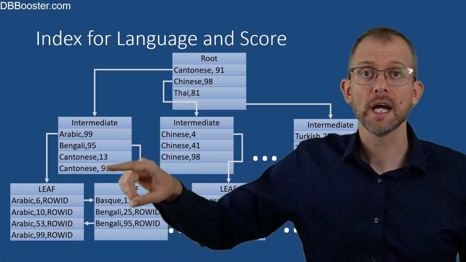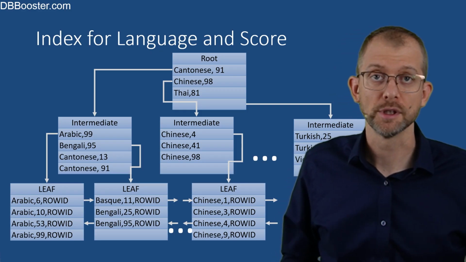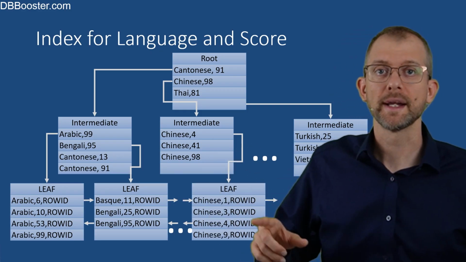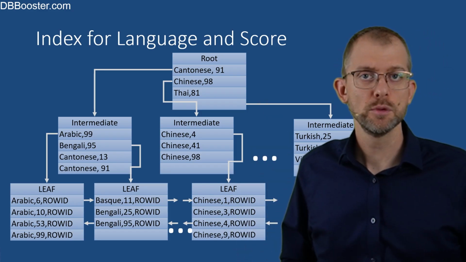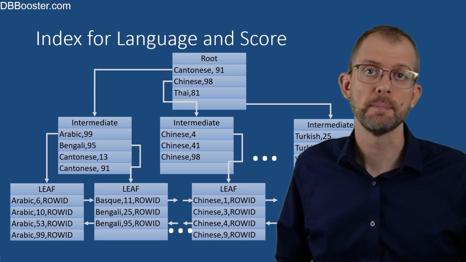And the same logic applies to the root and its pointers to intermediate levels. There is also an extra pointer not tied to any specific value, which handles everything greater than the highest value in the page.